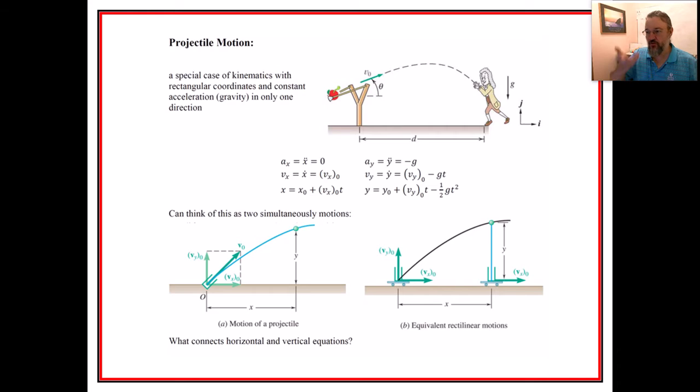So you just think of two things happening at the same time: one is an acceleration problem, and one is just a constant velocity problem. And they look like this.